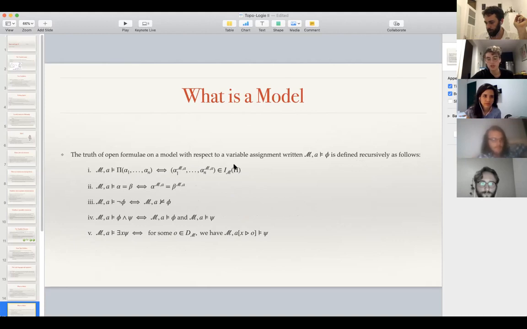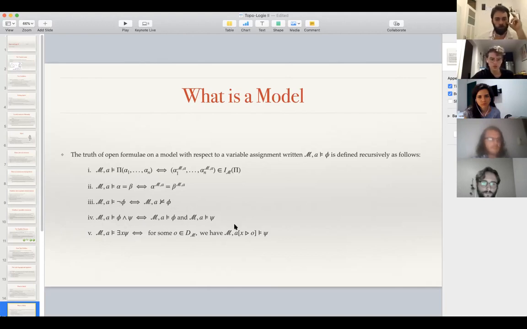Because remember, we actually can interpret predicates. Equality between two constants or variables holds if and only if their denotation is the same. A complement: it models the complement of phi if and only if it does not model phi. Okay, that makes sense.